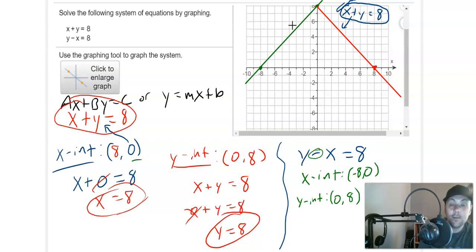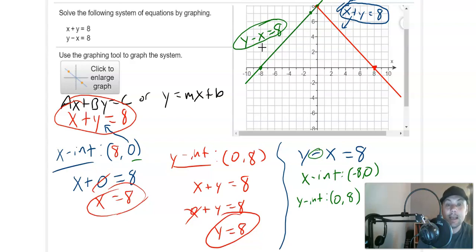Anyways, every point on this line is a solution to this equation. This has the pattern that if you take the y coordinate minus the x coordinate, it always equals 8. Take this point right here, it's negative 1, 7.